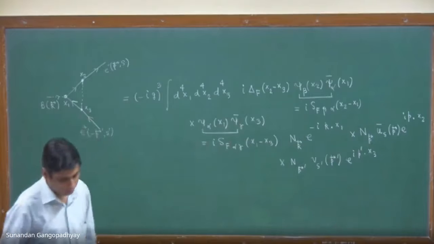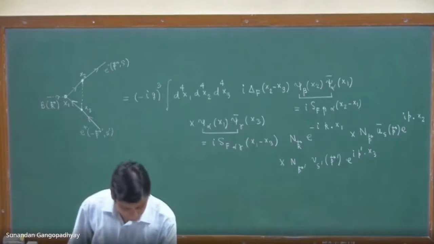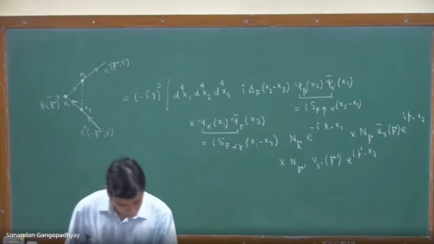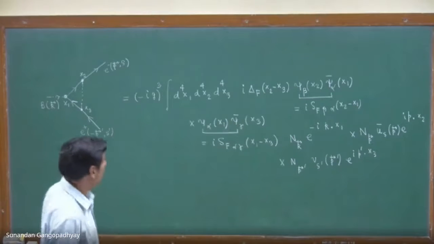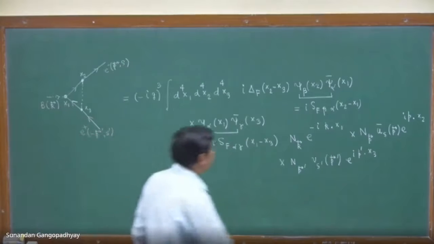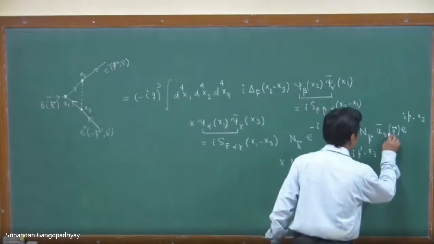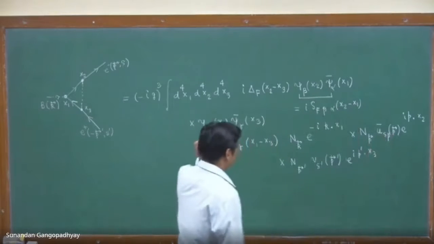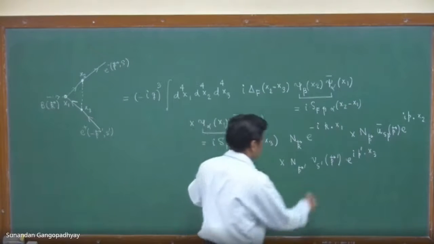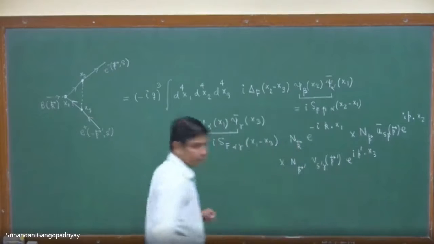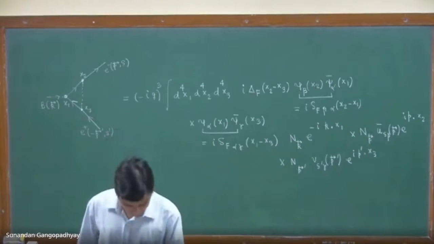This is what we shall have. And obviously there will be indices, so let us also put the indices carefully. This is beta. This is gamma. That is what we have.